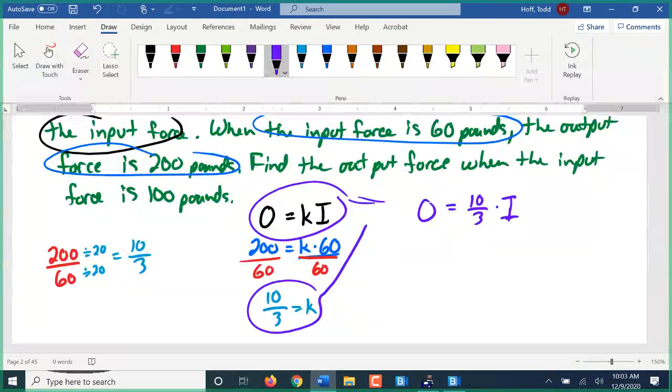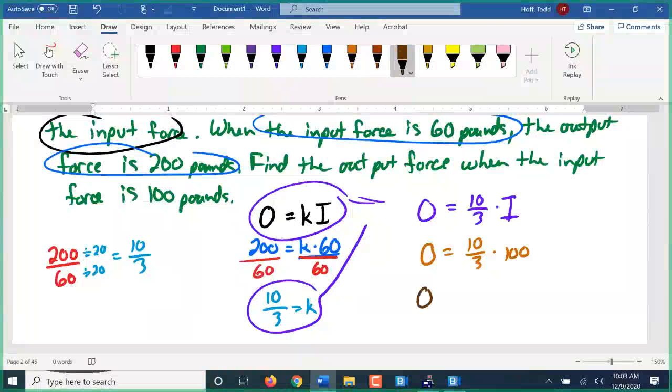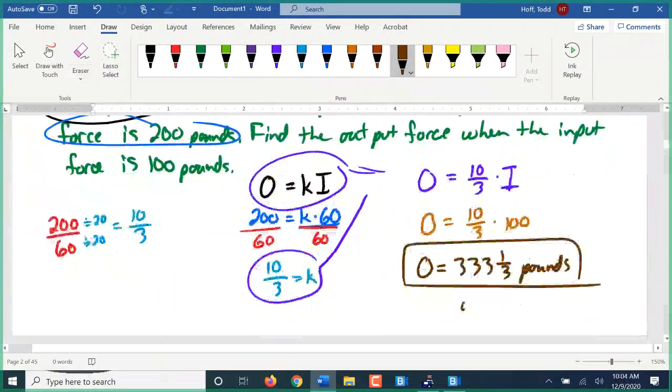So we're asked, find the output when the input's 100 pounds. So 10 thirds times 100. The output force is 333 1/3 pounds when the input force is 100 pounds.